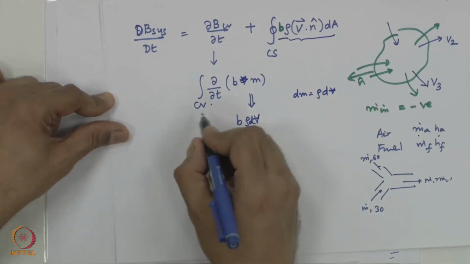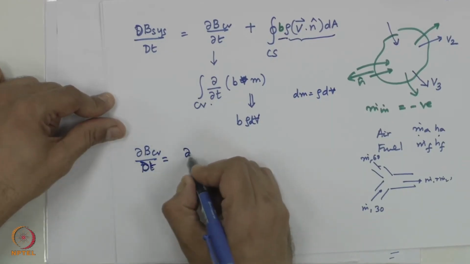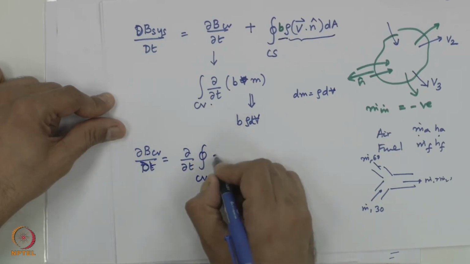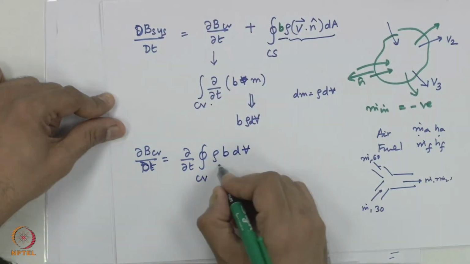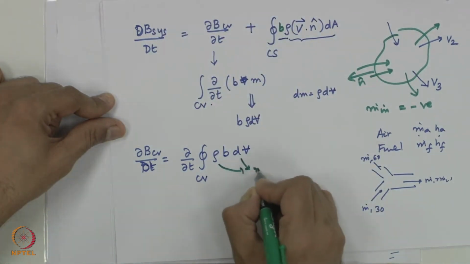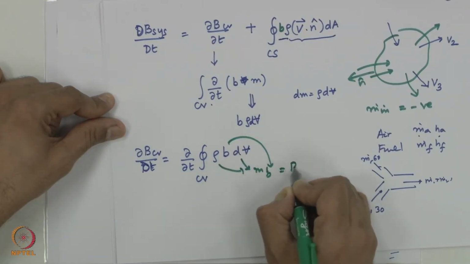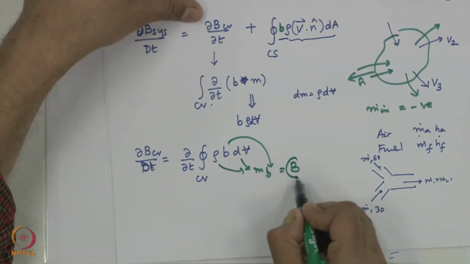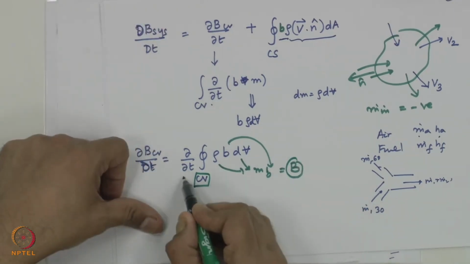So what we are going to say is dB CV by dt is the integral d by dt over the control volume of rho b dV. Rho into dV was the mass, mass into b is capital B. Rate of change of this quantity over the control volume with respect to time.